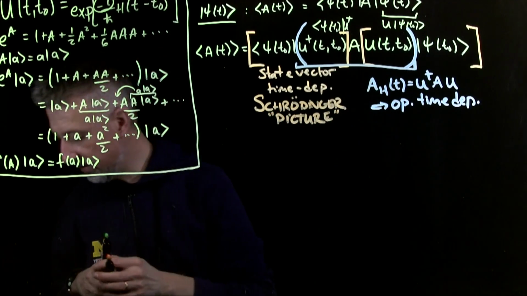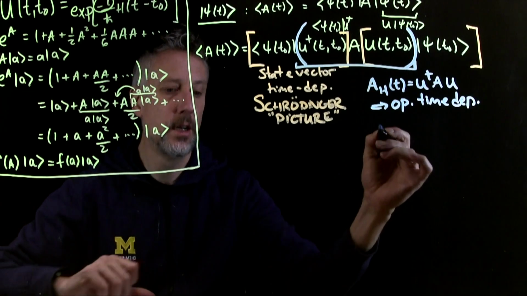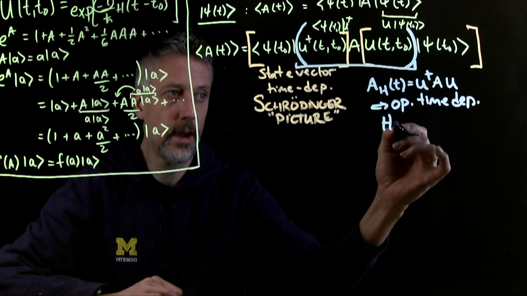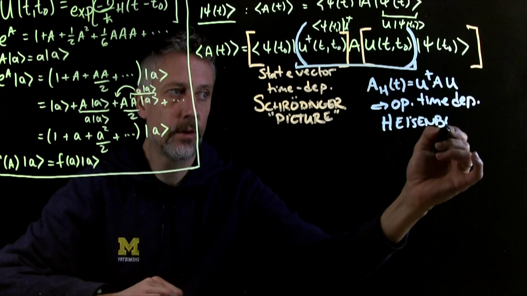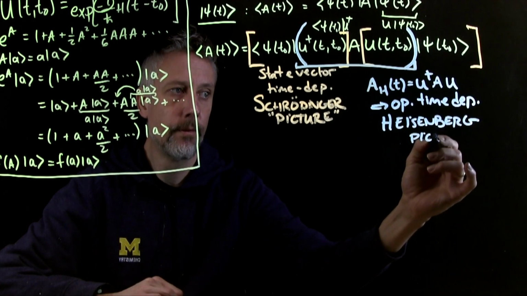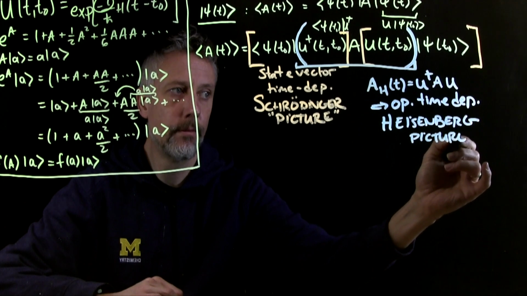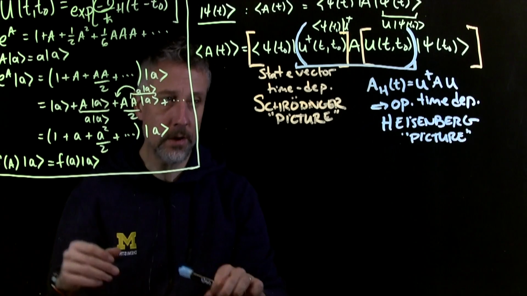And the case where the state vectors are time independent and the operators change, you probably can guess, is the Heisenberg picture. They were sort of like two sides of the coin.